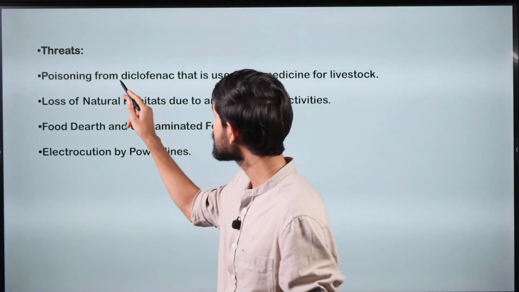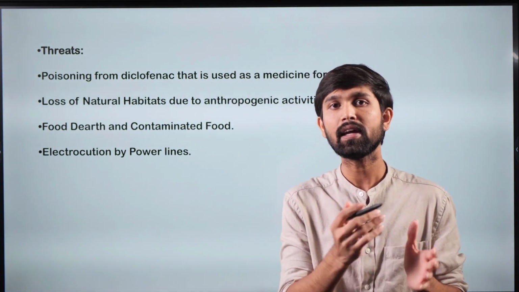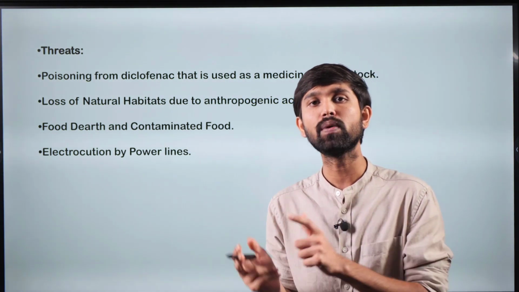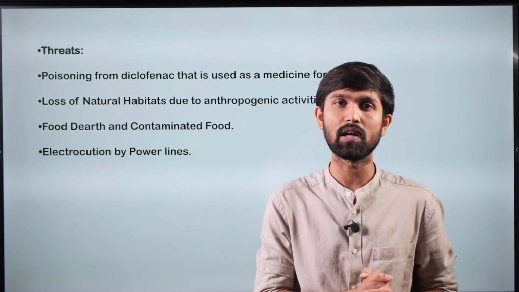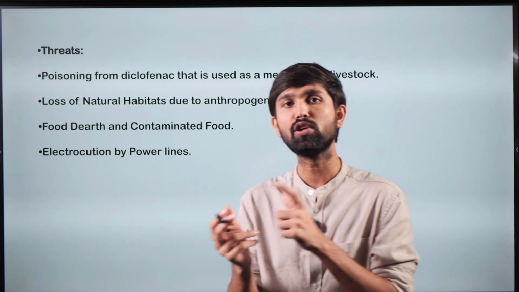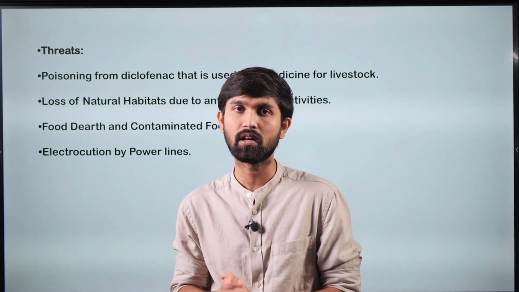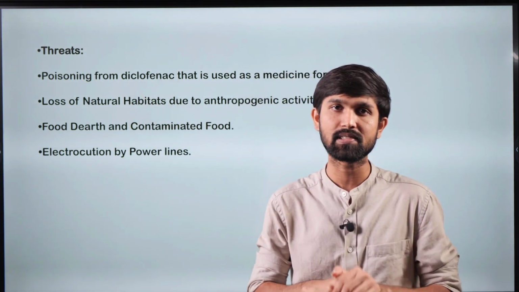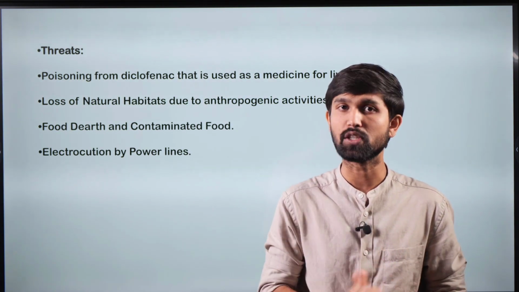This diclofenac is also used with animals, and when those animals die, the flesh and the carcass is eaten by the vultures, which is how this diclofenac ended up in the systems of the vultures, and which is where it started to prove fatal for them. Due to consumption of this diclofenac through the flesh of the cattle and other dead animals which were given diclofenac as a medicine, the vultures also started to face a high number of deaths.